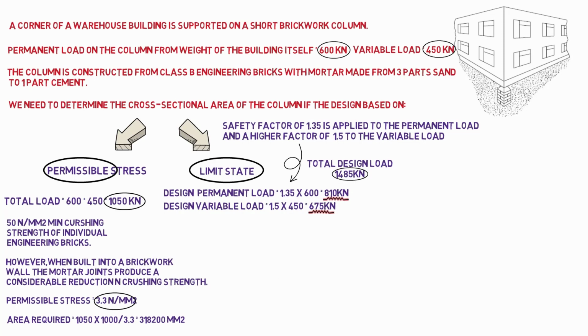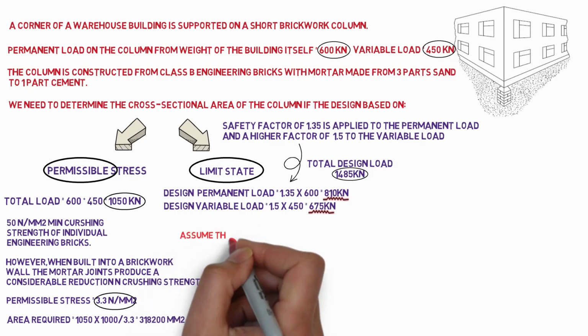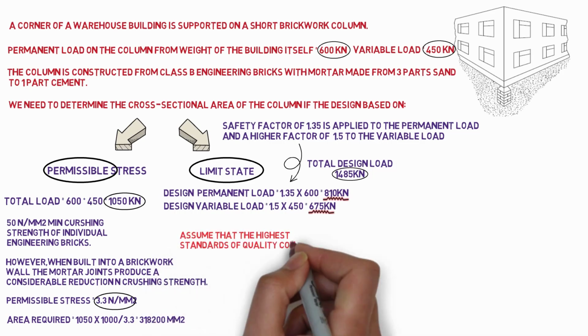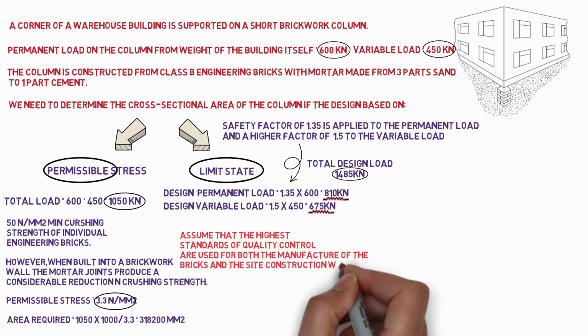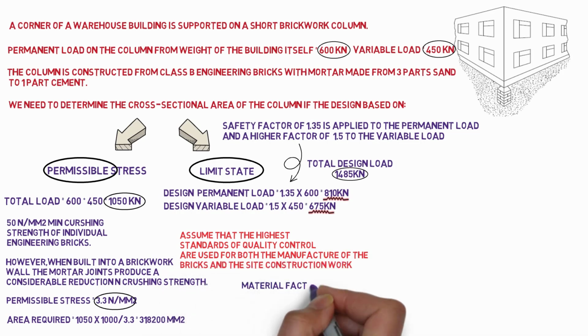1485 kilonewtons. The strength given in a limit state code for a particular material is known as the characteristic strength. It does not contain a safety factor. We must therefore apply a safety factor to the material strength, which varies between 2.3 and 3 depending upon the degree of quality control used. We will assume that the highest standards of quality control are used for both the manufacture of the bricks and the site construction work, hence material factor equals 2.3.